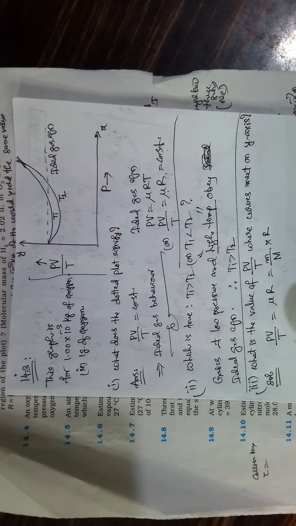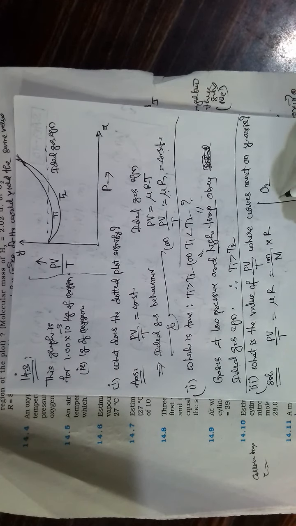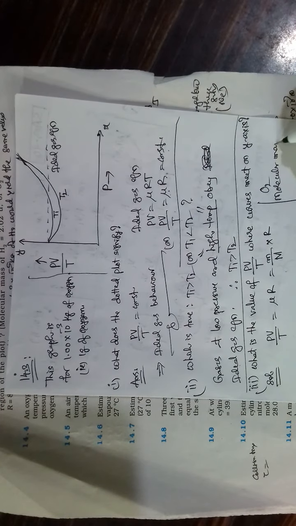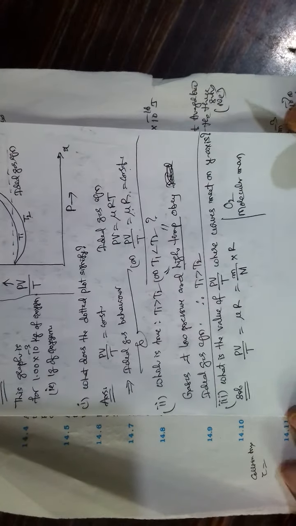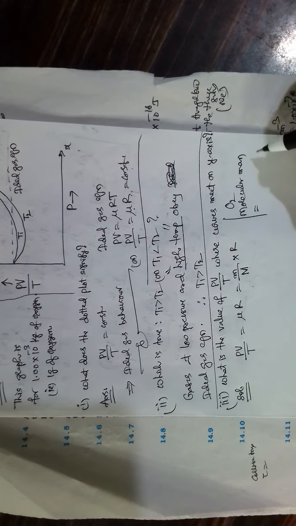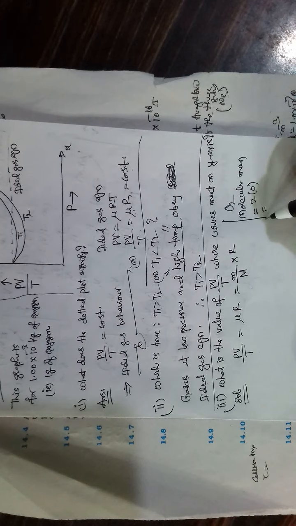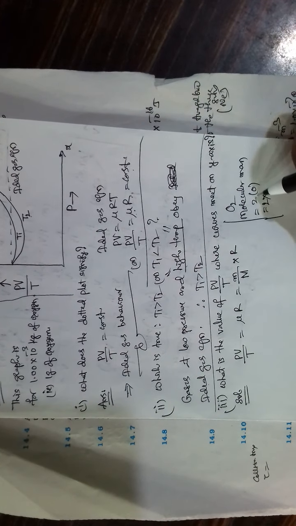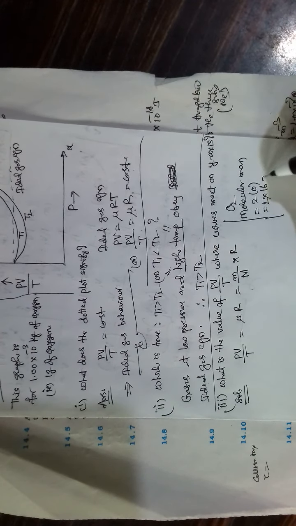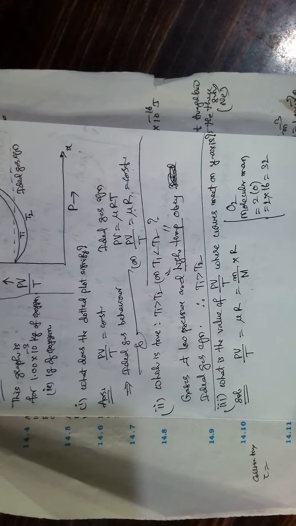So here, oxygen, its molecular mass: oxygen is a diatomic molecule. Two atoms make one molecule. So mass of one molecule is 2 into O, 2 into 16. Mass of one atom is 16. So mass of one oxygen molecule is 32.